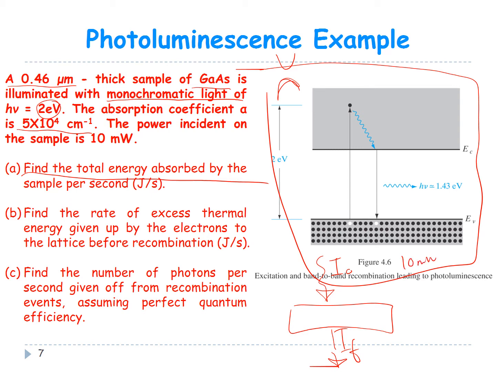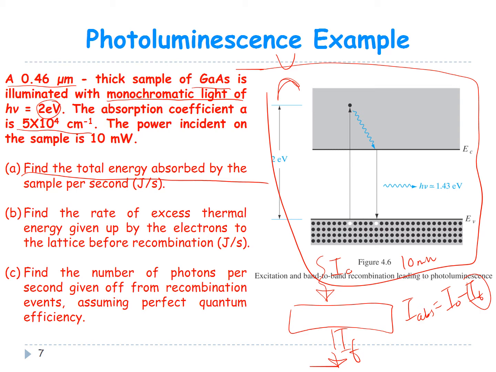That's what's incident. So the intensity absorbed is going to be equal to incident minus transmitted. And the intensity that is incident, we know that's 10 milliwatts, so we have to find this guy here. And it so happened that we have a formula for that.